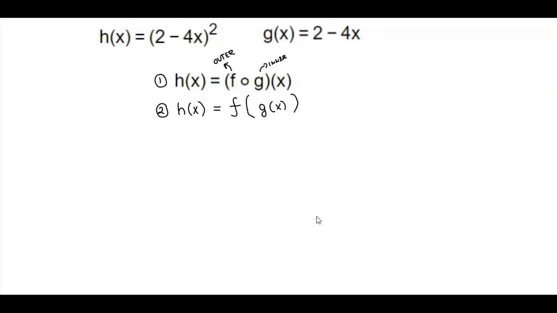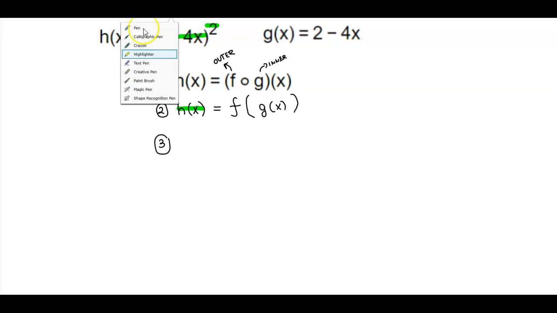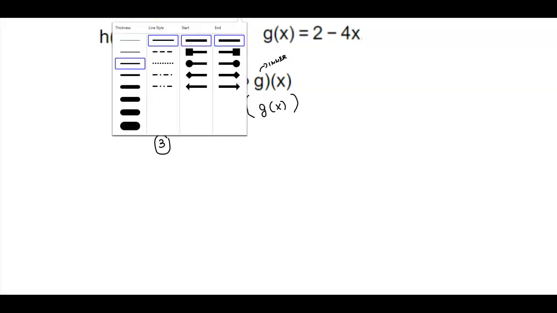Okay, now in step number 3, let's replace what we know, right? What do we know h of x is, and what do we know g of x is? So let's go ahead and do that. We know that h of x is (2 minus 4x) squared. So let's plug that in right below that.